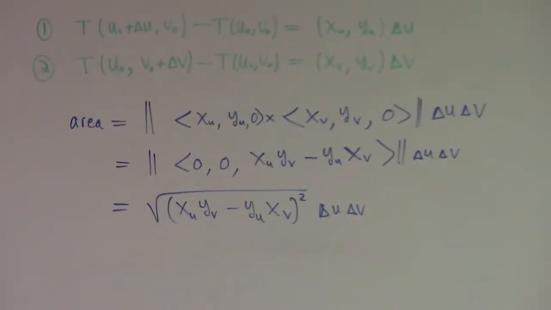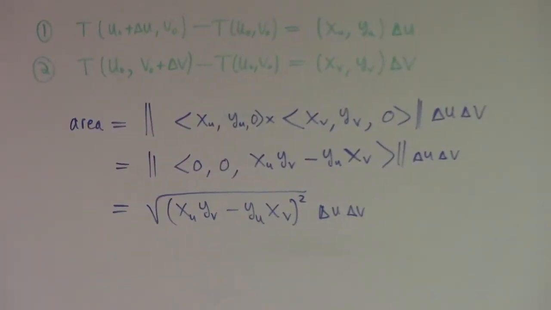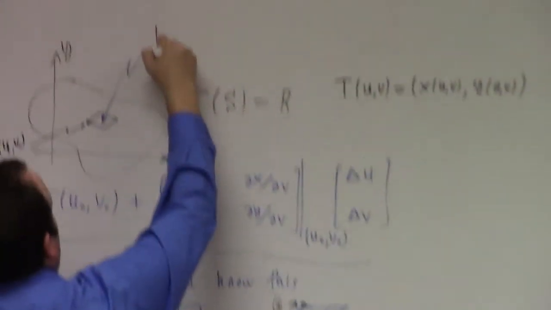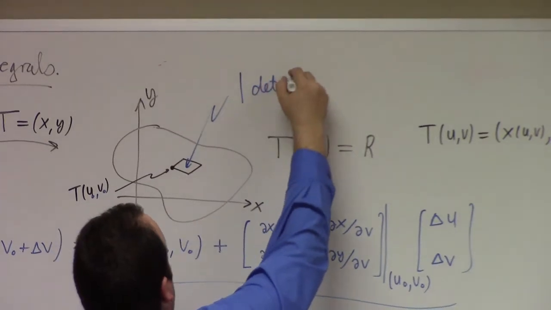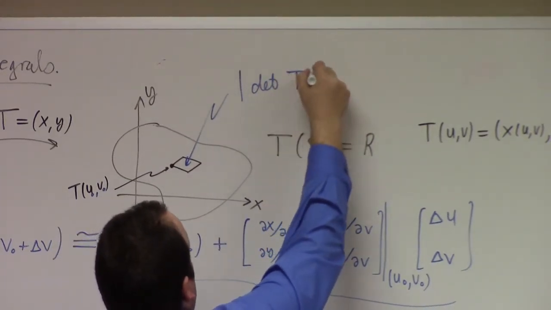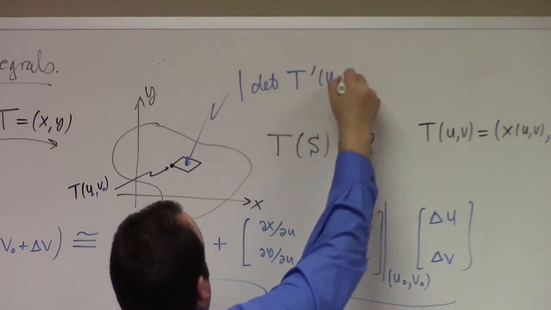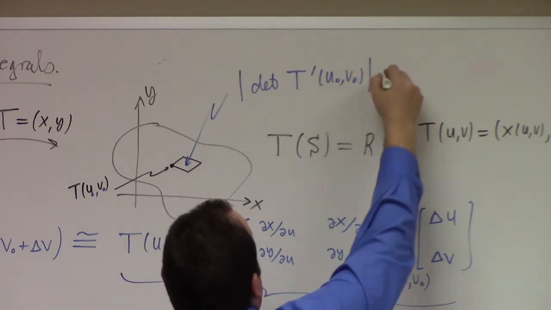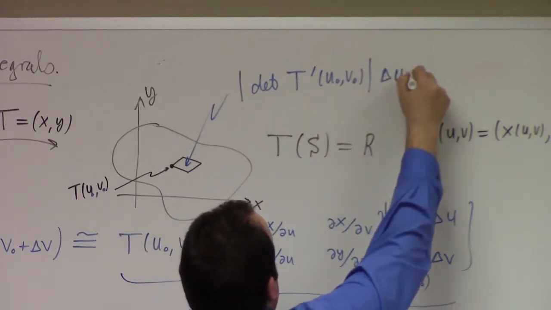So we've shown that the area of this thing we could write as the absolute value of the determinant of T prime of u naught, v naught times change in u, change in v.